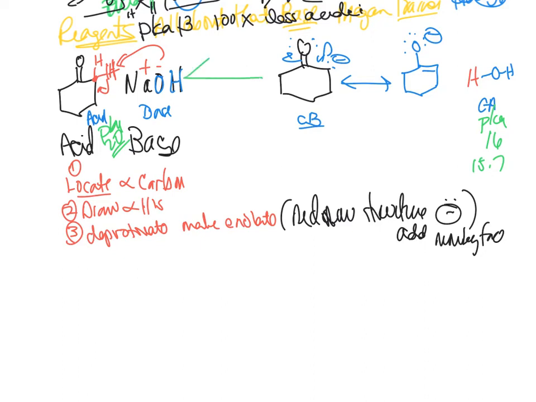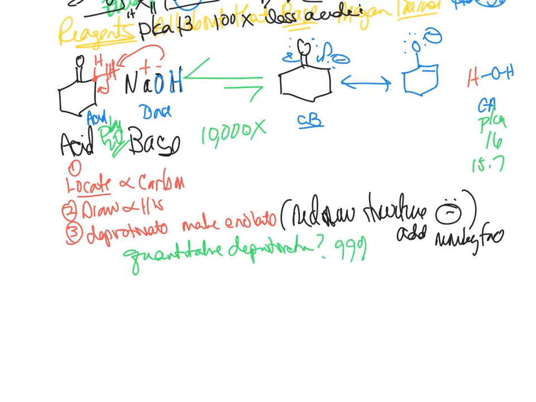So your equilibrium arrow is going to point to the cyclohexanone by 4 zeros. It's about 10,000 times. Now, we call something quantitative. What can give us a quantitative deprotonation? You're going to see those in your problems that are 99%.